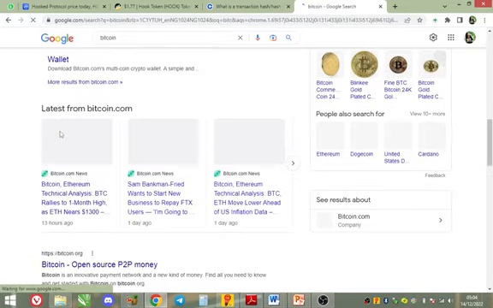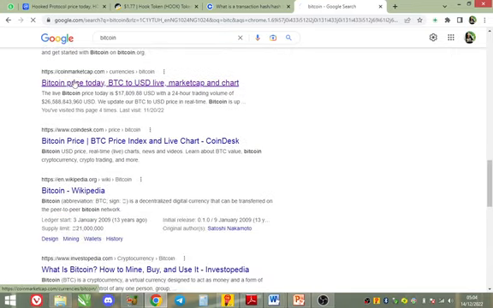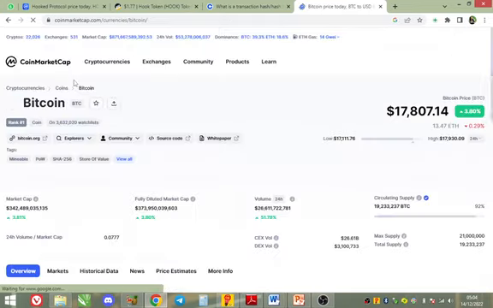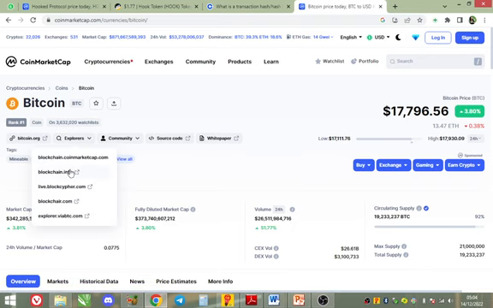Let me look for CoinMarketCap on Bitcoin. Yes, this is CoinMarketCap on Bitcoin. We can actually use a Bitcoin Explorer. We can see that Bitcoin has different explorers. Let me use Blockchain.info. Let me use this Explorer.